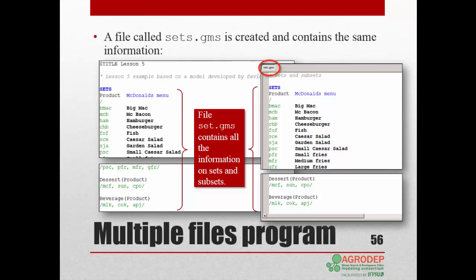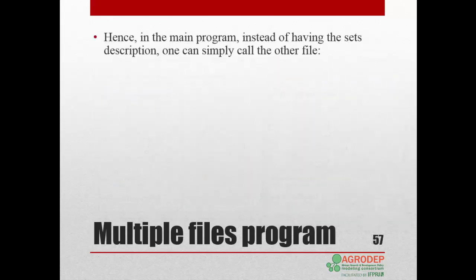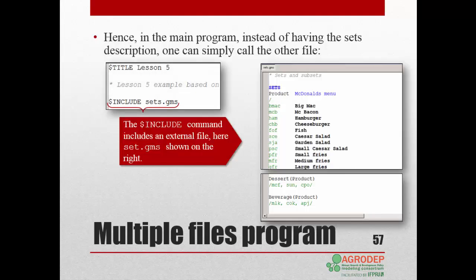We name that file sets.gams, and it contains all the set and subset definitions. So in the main program, instead of having the sets description, the user can simply call the sets file. We use the $include command followed by the name of the file to access. Here, sets.gams, shown on the right.